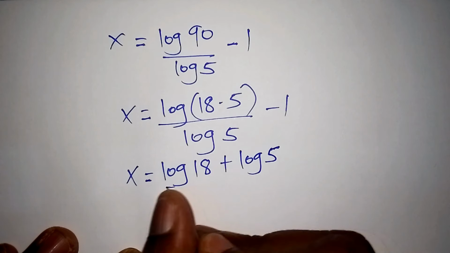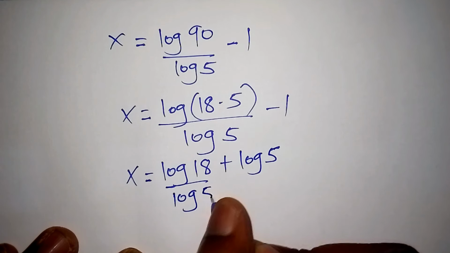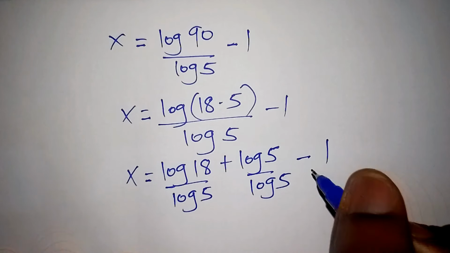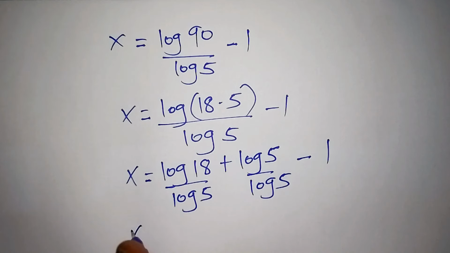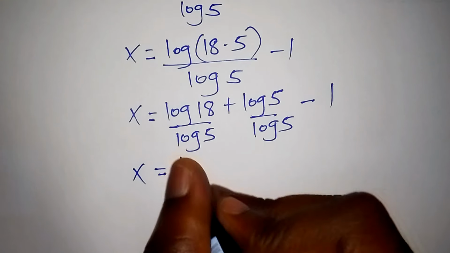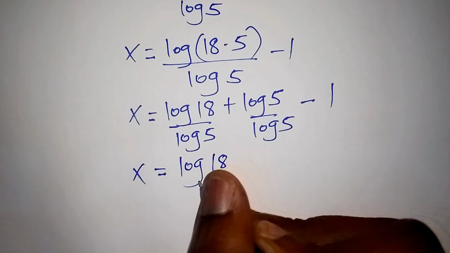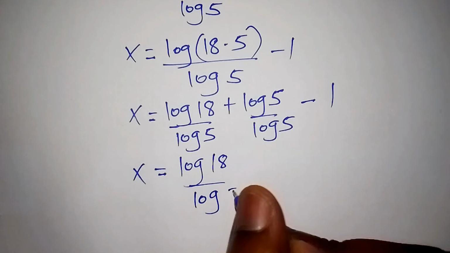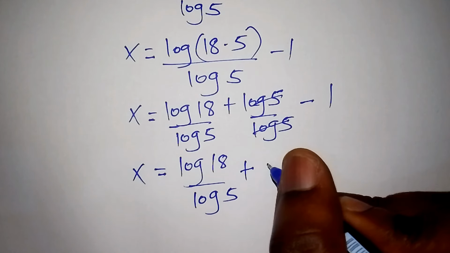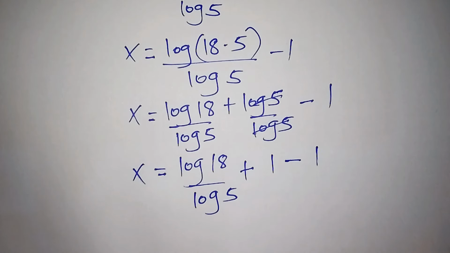So both of them shall divide by the log of 5, then minus 1. So now our value for x is equal to the log of 18 all over the log of 5, then plus log 5 over log 5, which cancels. Now we shall have 1 minus 1.